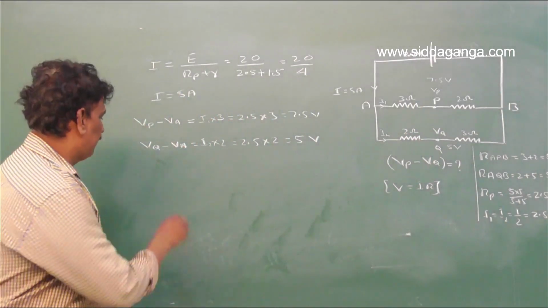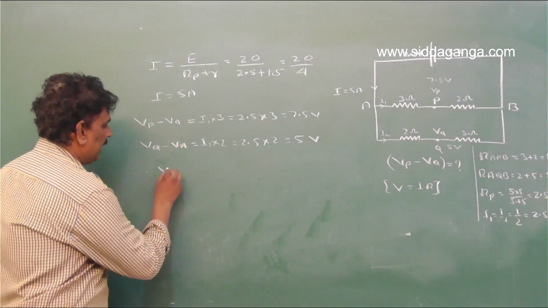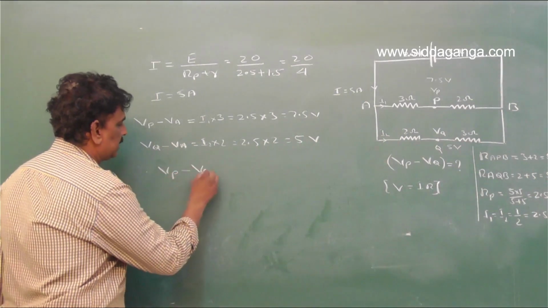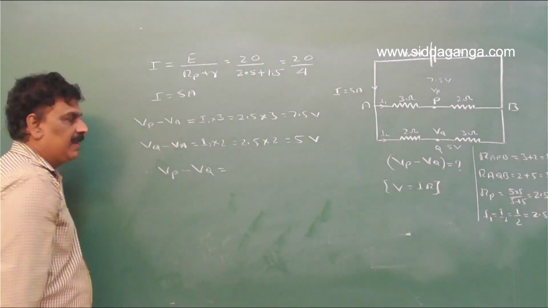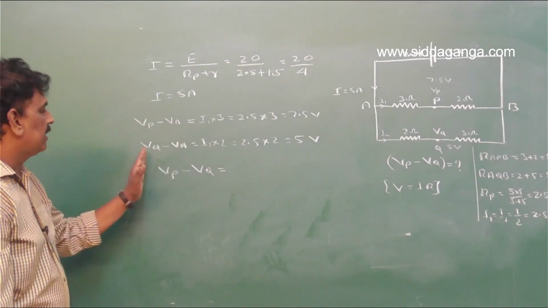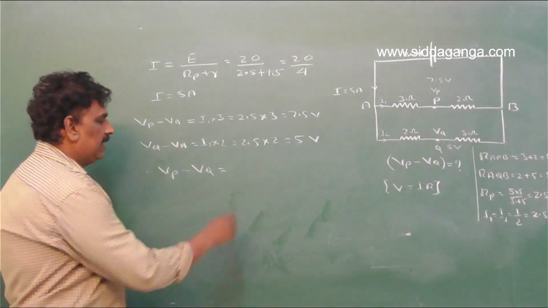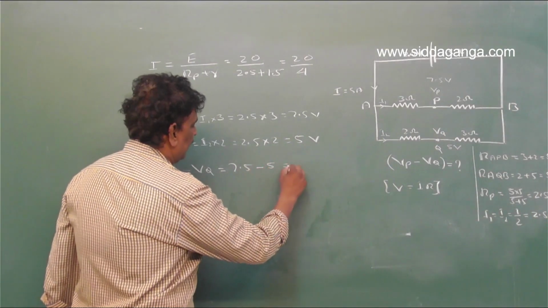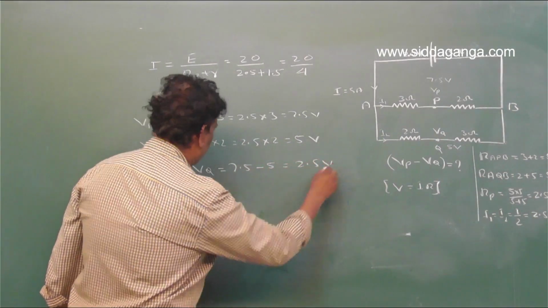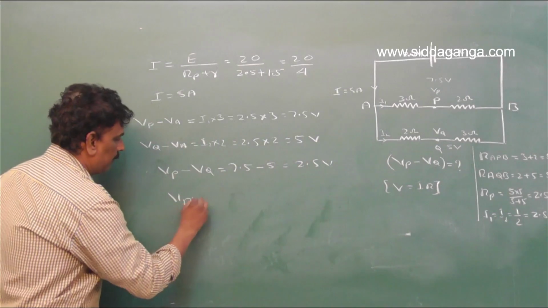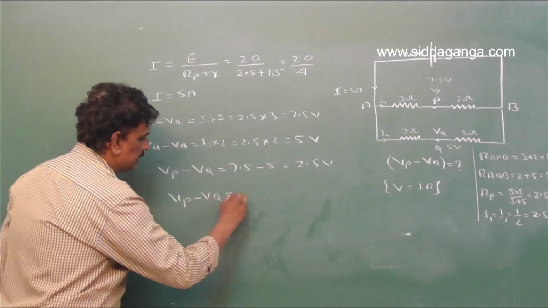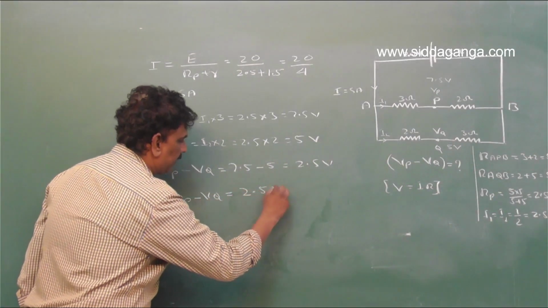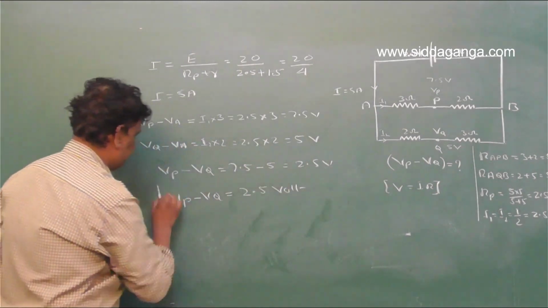Therefore, Vp minus Vq is equal to Vp minus Va minus Vq minus Va, that is 7.5 minus 5 is equal to 2.5 volt. Therefore, Vp minus Vq is equal to 2.5 volt.